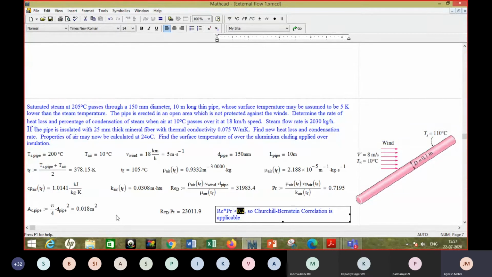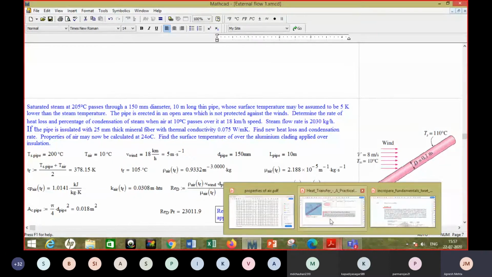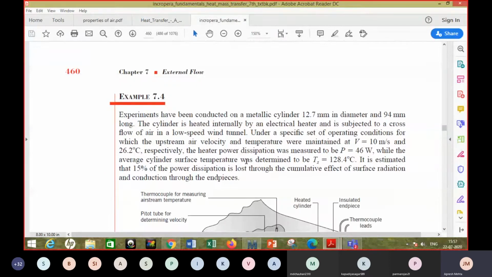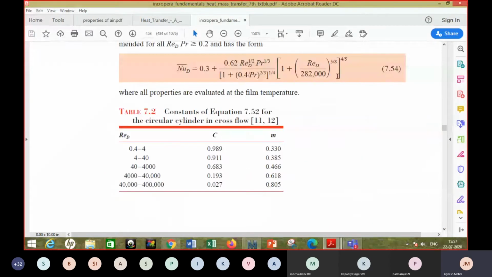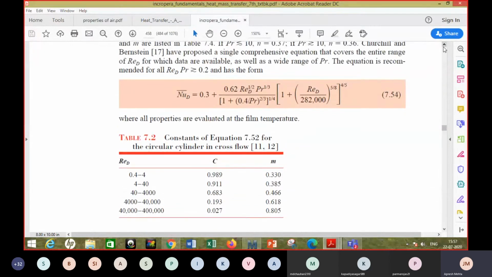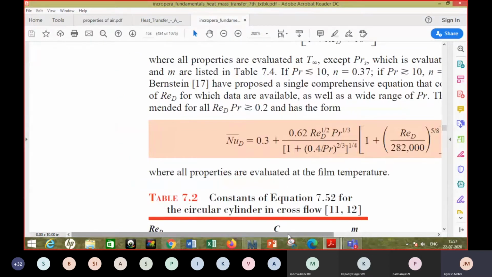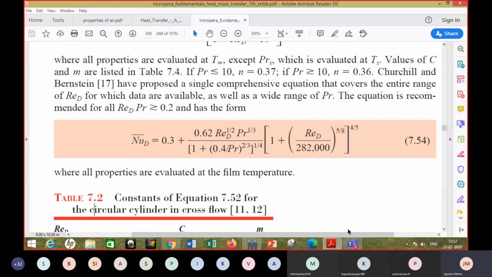So what is the form of the Churchill-Bernstein correlation? This correlation, which you are going to use, with the help of that, you want to find out the Nusselt number, right? You want to find out the Nusselt number because you want to find out the heat transfer coefficient, with the help of which you will be able to get the heat loss rate from the surface of the steam pipe, whose diameter is 150 mm.